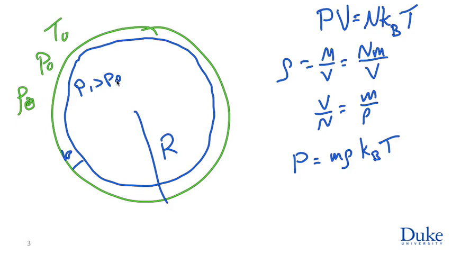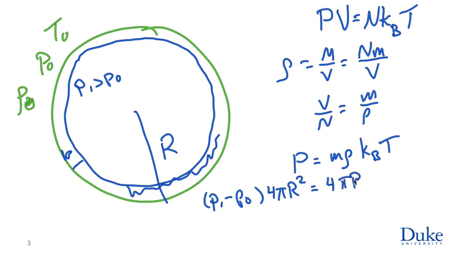So I can write some equation that says (P1 minus P0) times the area of the interface between these layers, which is 4 pi r squared, is equal to the mass of the gas in this region, which if I assume that its density is rho 0, is also 4 pi r squared times little r times rho, that's the mass in there, and then I multiply that by G times the mass inside the radius r, so that's in this case the entire star, divided by r squared.